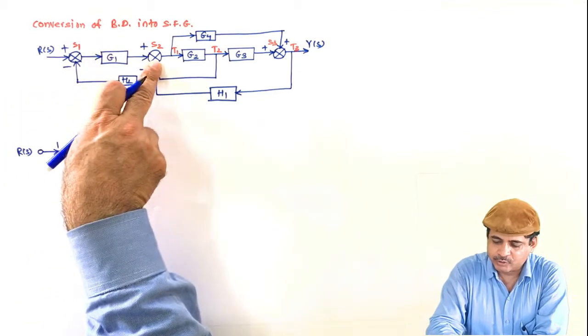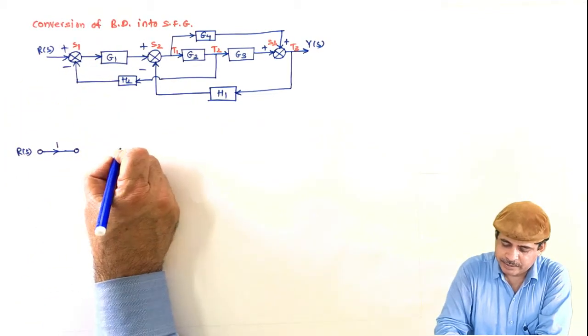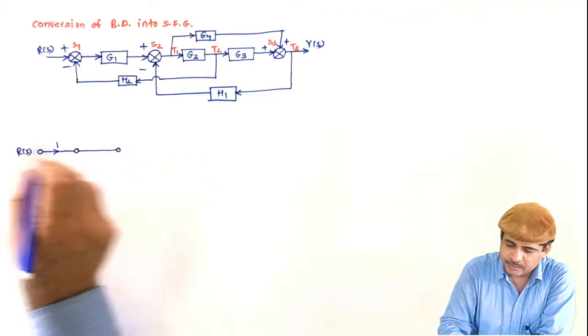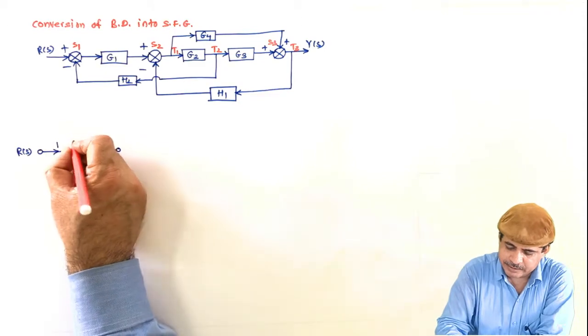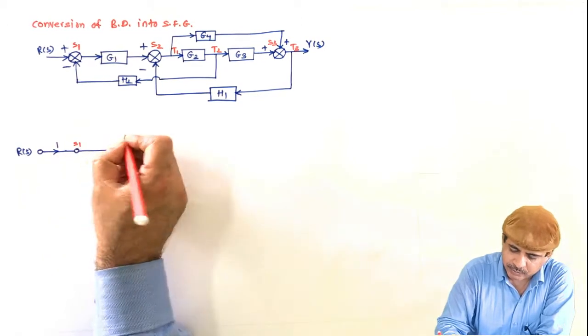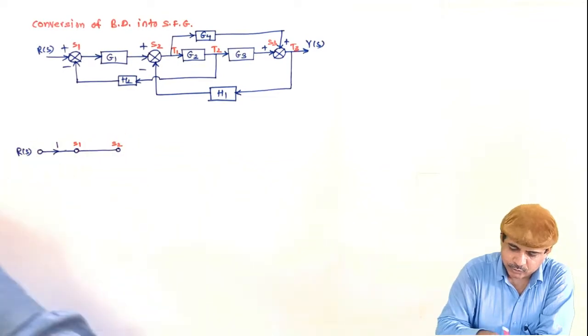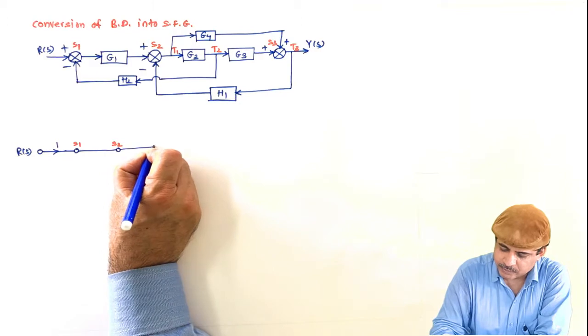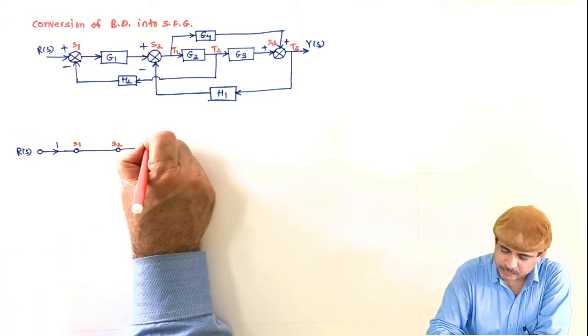Then S1 to S2. So this will be another node. So here also I can put for a while S1, S2. After S2 there is T1. So this is T1.